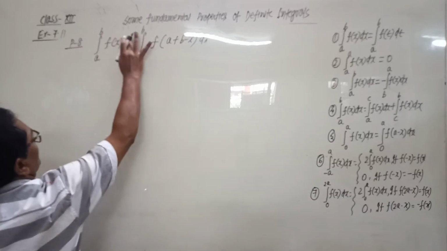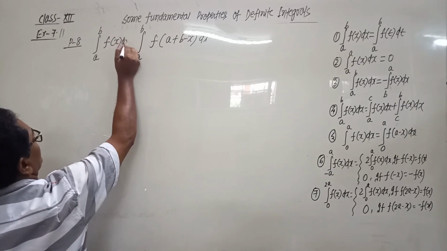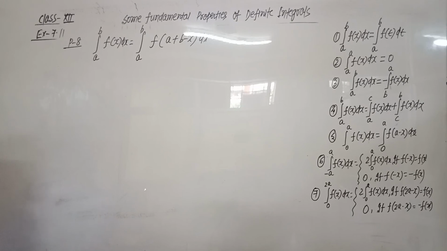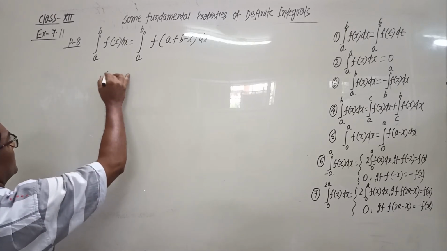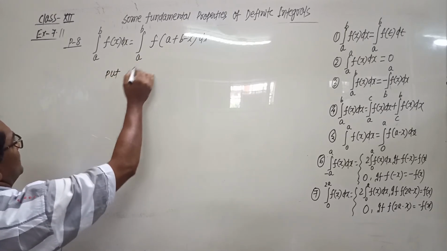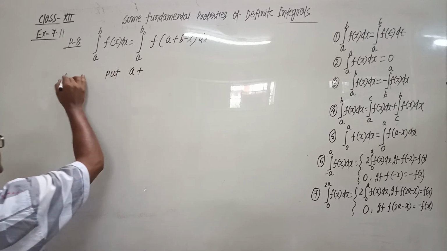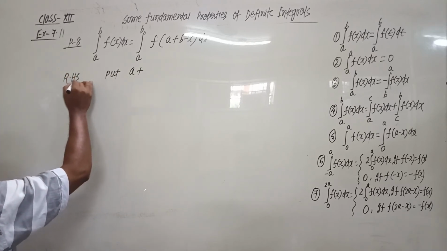This is also dx. This is property number 8. Integration a to b f of x dx equals integration a to b f of a plus b minus x. So put a plus b, RHS. We solve RHS.